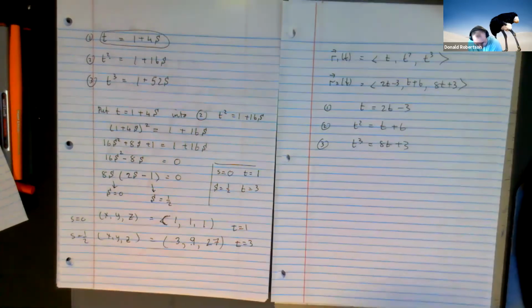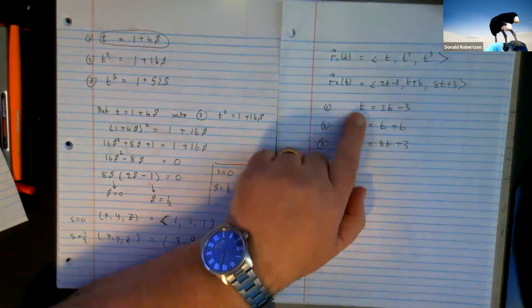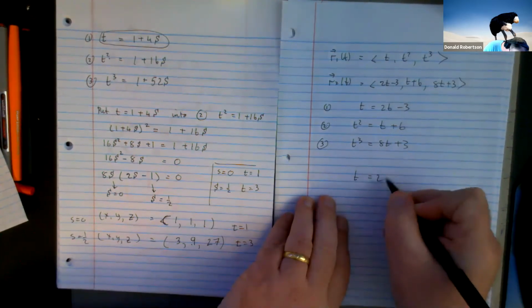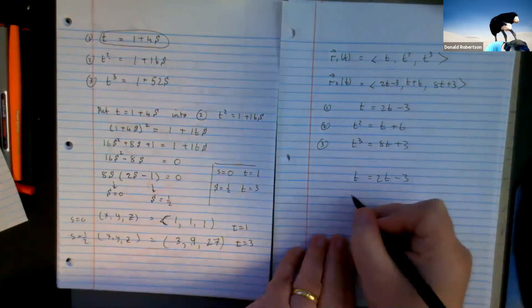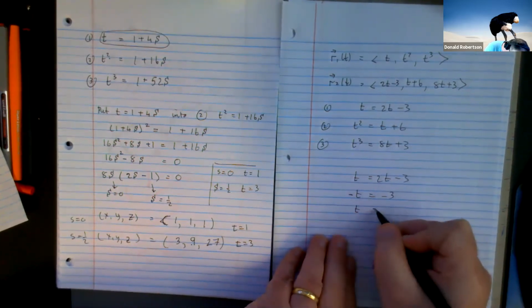But have you noticed that this question algebraically is a lot easier to solve? Because don't we only have one variable? So if you take equation 1 and solve for t, what do you get? Well, if you take 2t away from both sides, you get that, and t equals 3.